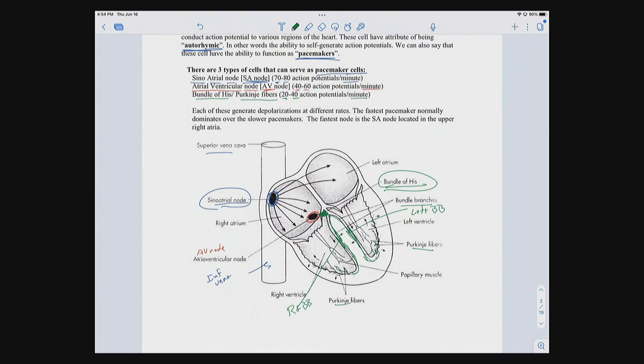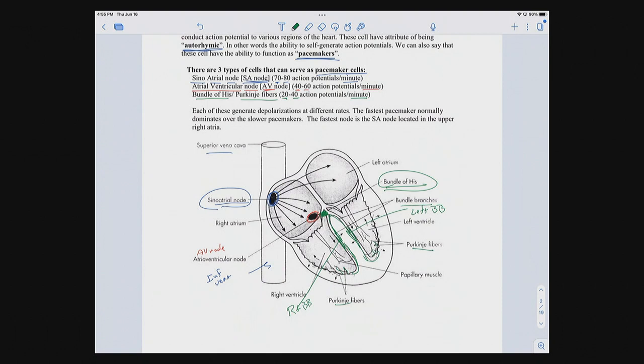So you may be asking yourself, if the heart is beating 70 beats per minute, which is typical, and all of these autonomous cells can generate action potentials, and the action potentials cause contraction, that doesn't seem to work out very well because everybody's doing their own thing.